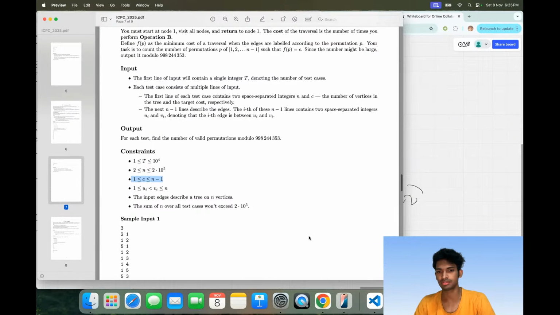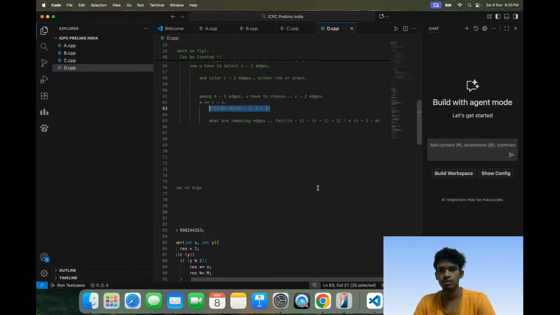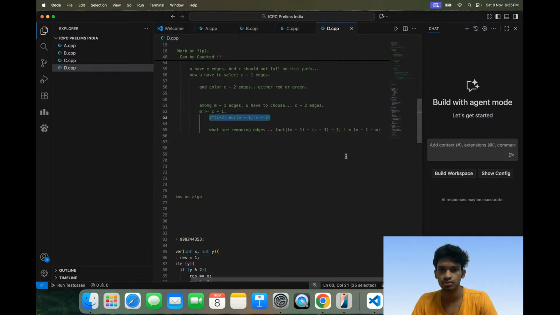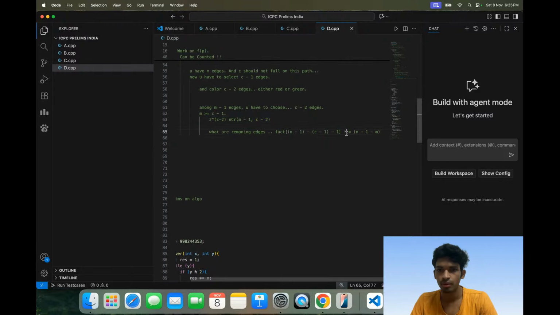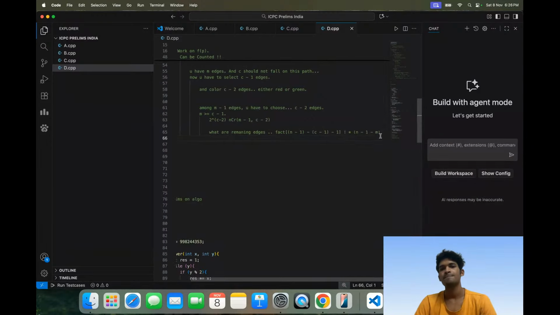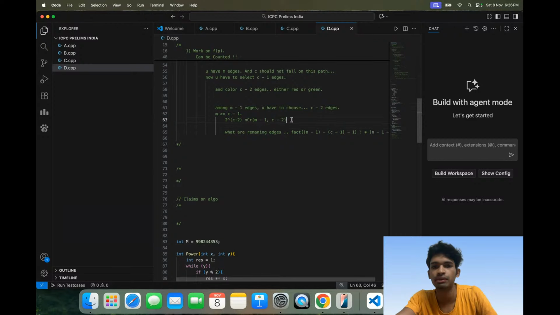So factorial of n minus 1 minus m is what we do. N times n minus 1 minus m. So this will make sure that m is greater than or equals to c minus 1. Otherwise it will be 0.